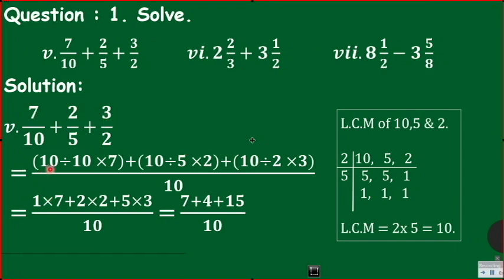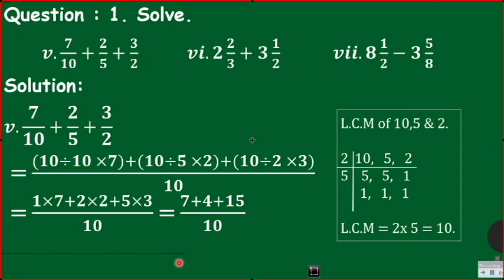So 10 divided by 10, we get 1, multiply 7. Then similarly 10 divided by 5, you get 2, multiply by 2, plus 10 divided by 2 equals 5, multiply by 3. So what do you get here? 1 times 7 is 7, 2 times 2 is 4, plus 5 times 3 is 15, upon 10.